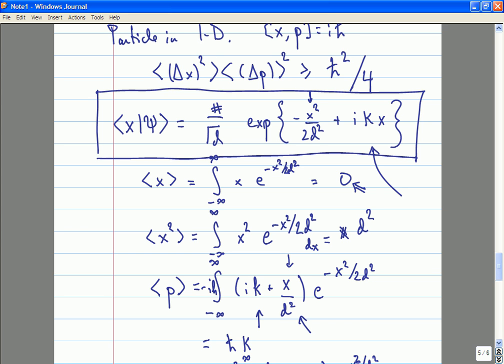And in fact, they form a very convenient basis. Why? Because this is the basis which is most closely analogous to the classical basis of states, where you describe a particle as having a definite position x naught and a definite momentum k.